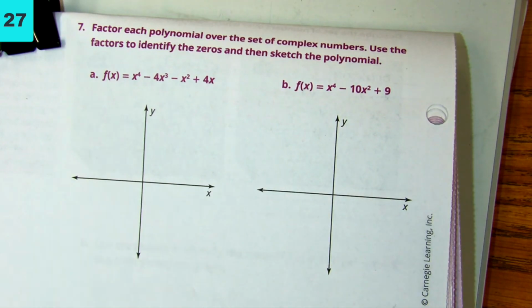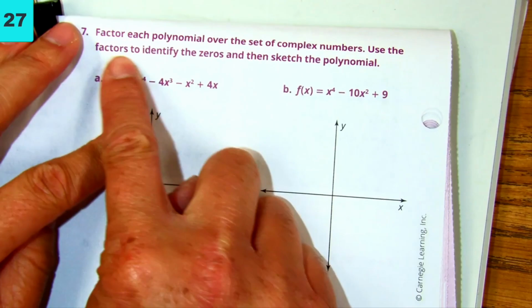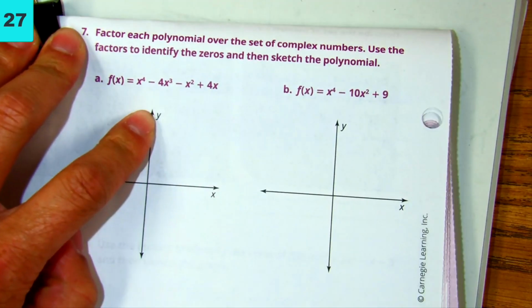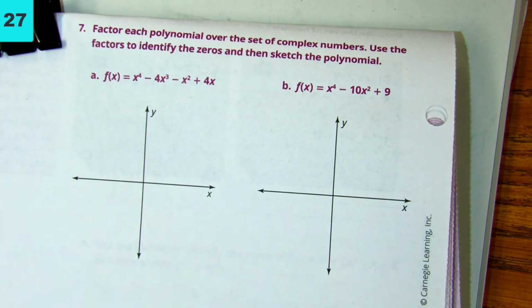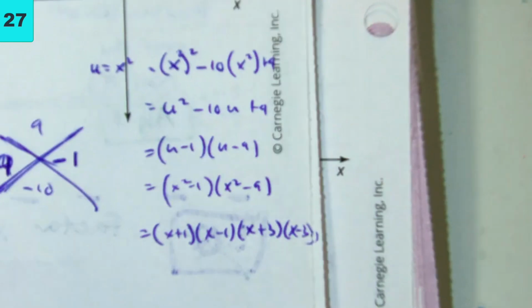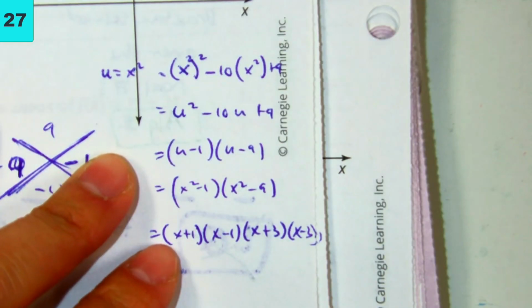Factor each polynomial over the set of complex numbers. Use the factors to identify the zeros and then sketch the polynomial. So they just want you to factor. Raise your hand if you used, what do we call it? Chunking. Raise your hand if you did chunking. Okay, if you did chunking, this is my quick work to this. My same number there is x squared.